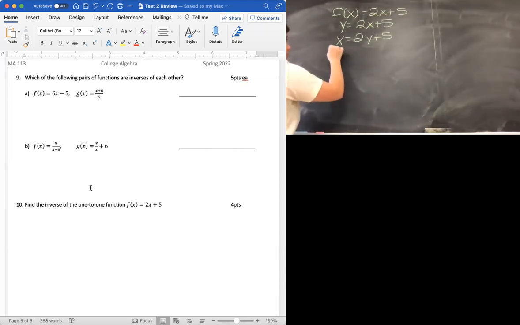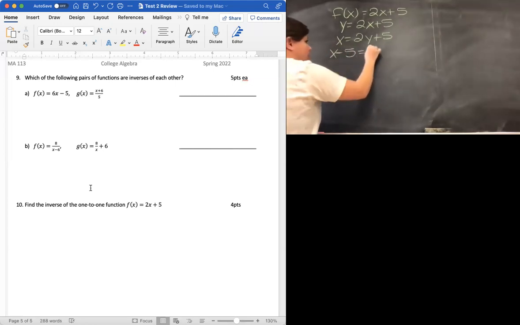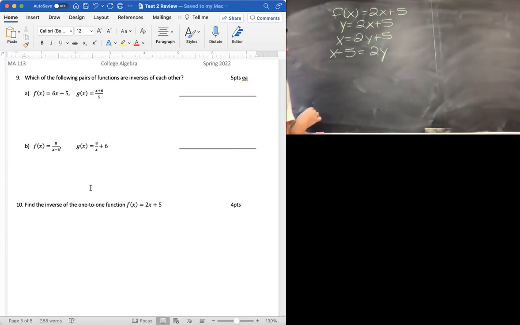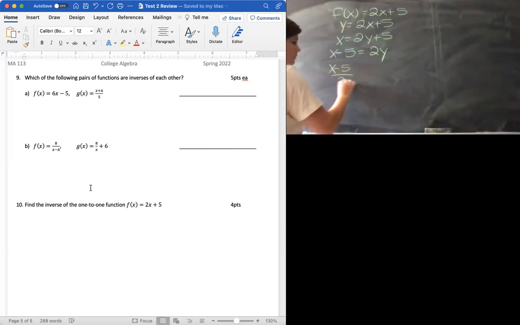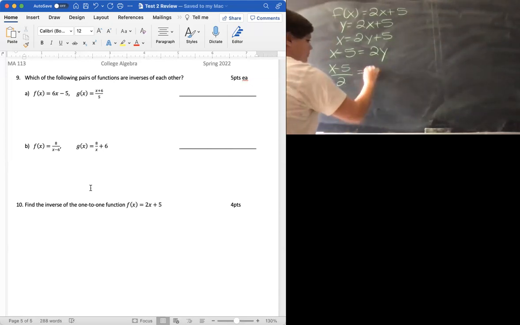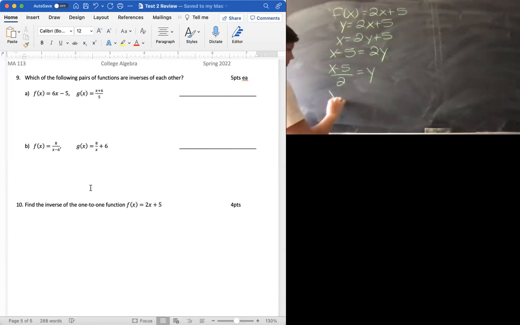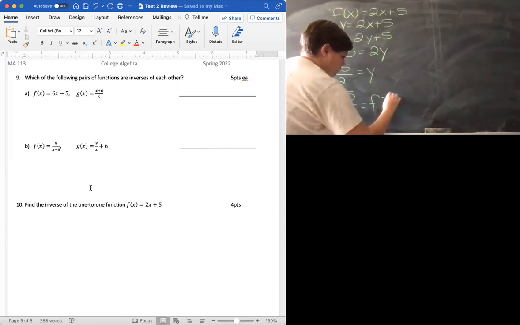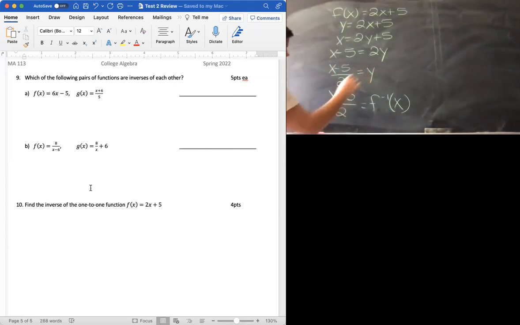So I'm going to subtract over my 5. I divide both sides by 2. I guess it doesn't really make that much difference to you if my light's on, does it? And then the last step is simply writing x inverse of x instead of y.